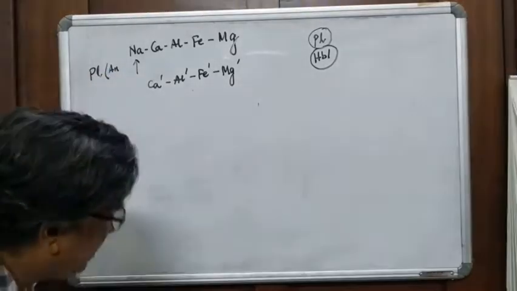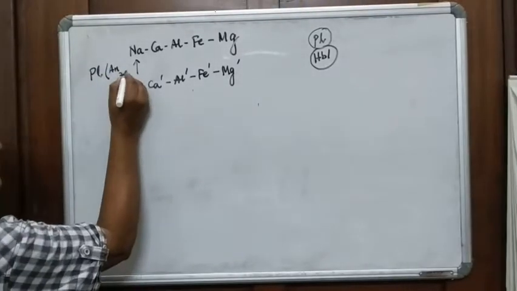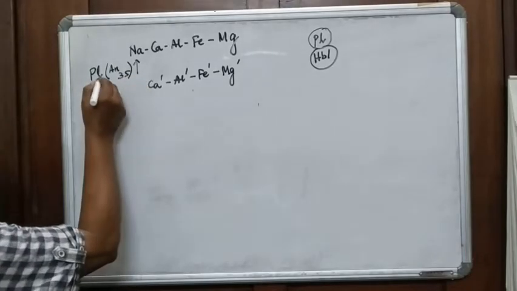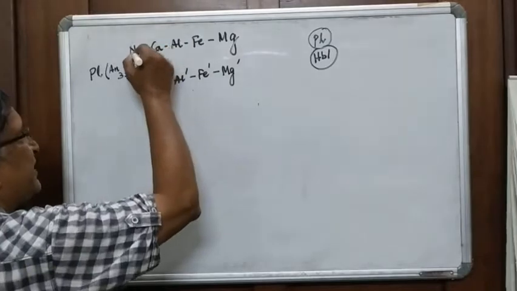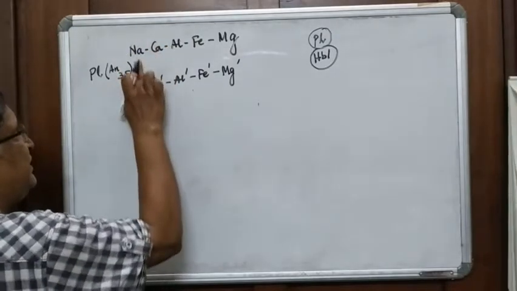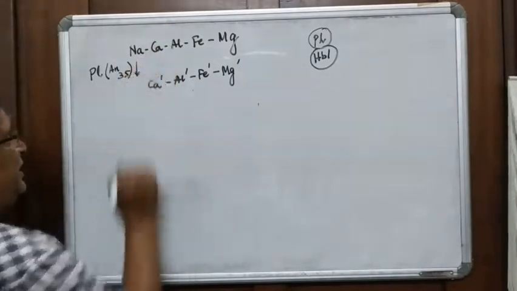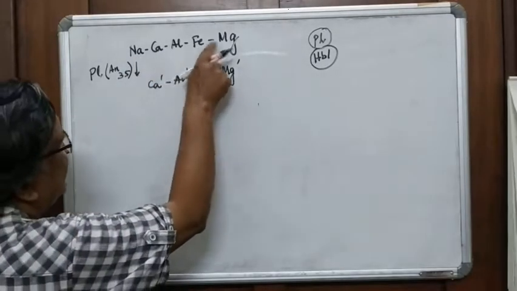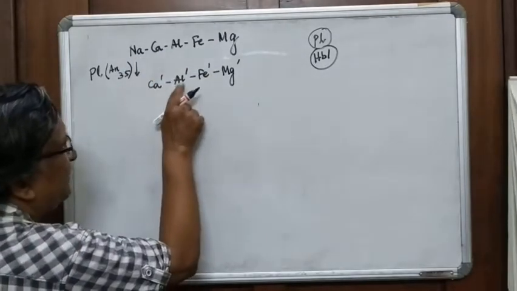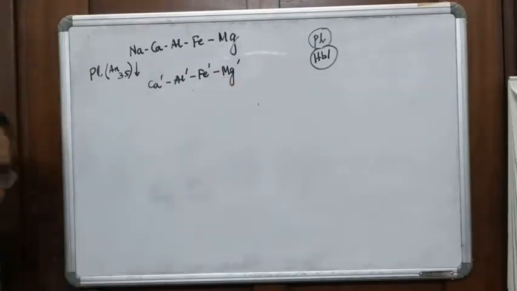Yes, anorthite 35. This was the projection point. So from NaCaAlFeMg, he now came down to Ca prime, Al prime, Fe prime, and Mg prime.